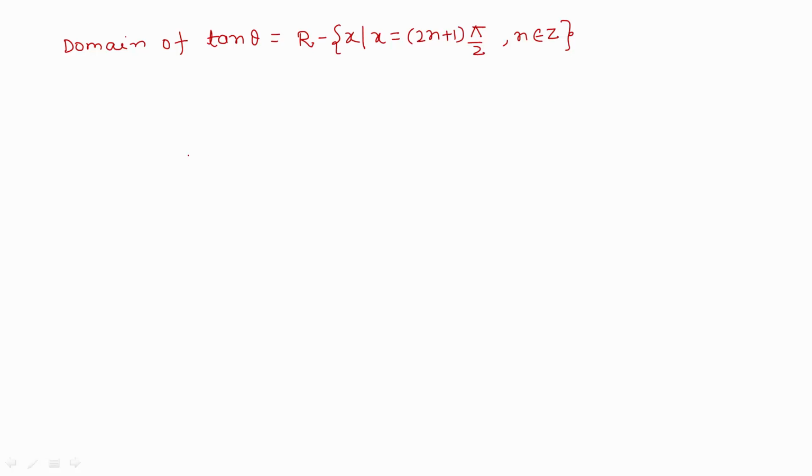That's why this is the domain, and the range of tan theta is equal to minus infinity to plus infinity, because its value can be anything between minus infinity and plus infinity. And now we define the domain and range of the other counterpart, which is called cotangent theta.